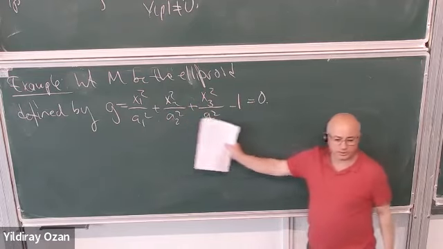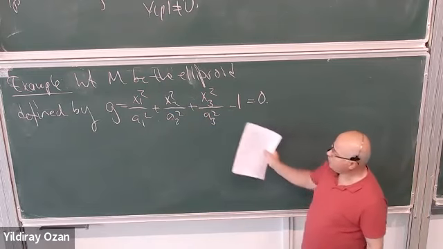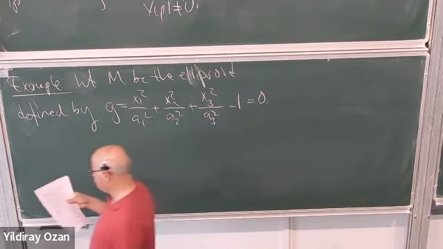So G is this function of three variables, and G equals 0 gives my ellipsoid.